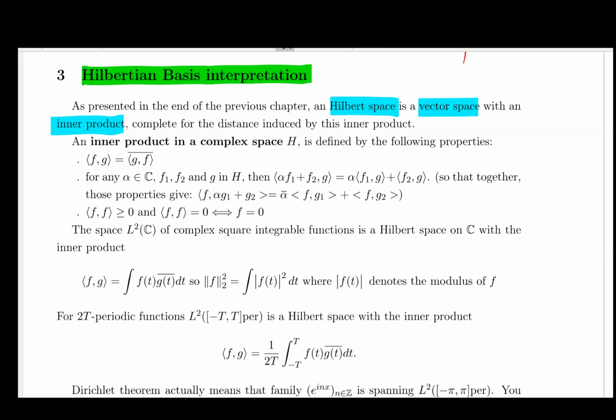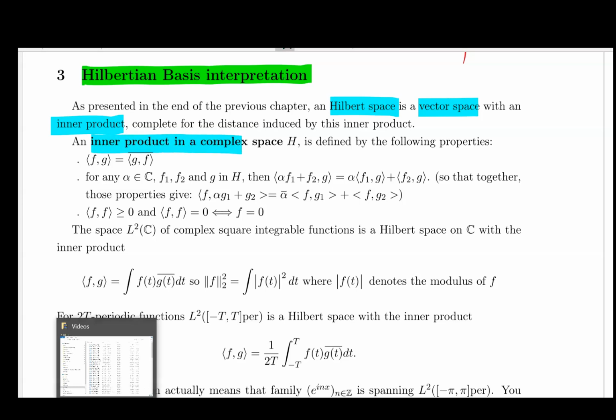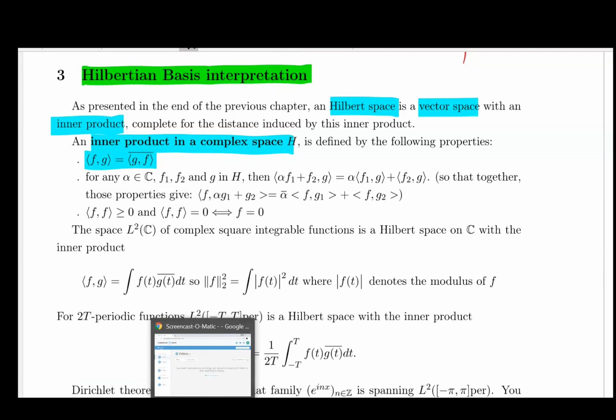All right. So let's say what we have. The novelty is that we want to be able to consider complex functions. So what are we going to use as an inner product in a complex space? Well, we have something a bit different than just symmetry. If we have an inner product for real functions, it's symmetric.